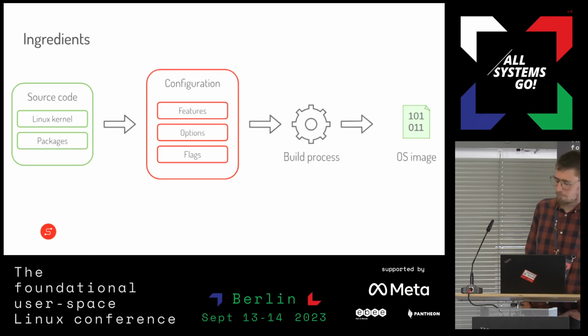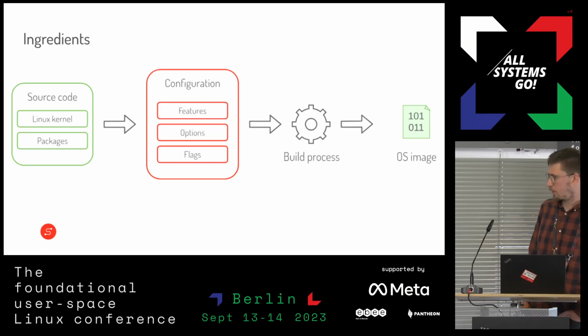But the build process is actually where the magic happens, and this is the most complex part, I would say. We build cross toolchains and cross compilers to actually cross compile and build OS images for different architectures. We might not need to do this, but for these kinds of network devices, we usually do, right?